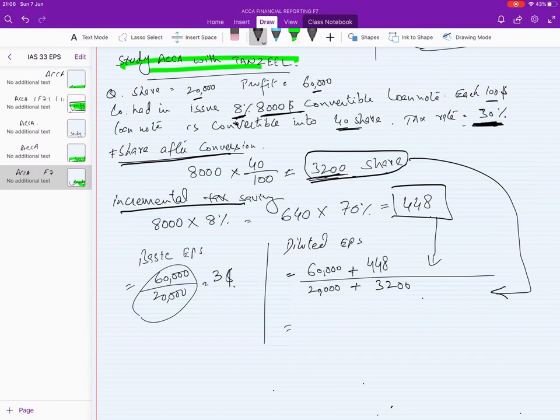So after this you will get $2.61. So this is your diluted EPS and this is your basic EPS. You might see that this value has decreased because the number of shares increased. The denominator is increasing, that's why the value is decreasing.